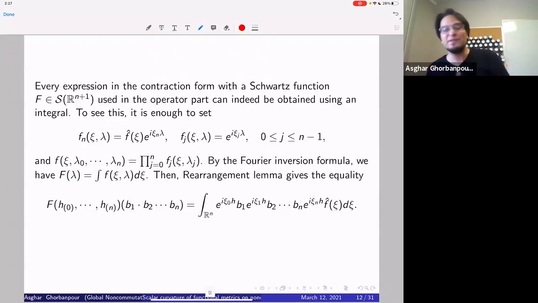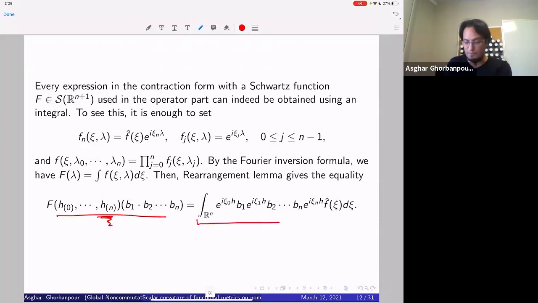Okay. One of the important things about this contraction form is that every element of that form can be given in terms of one integral. So we can calculate that thing, and this was the main form used in the original works.